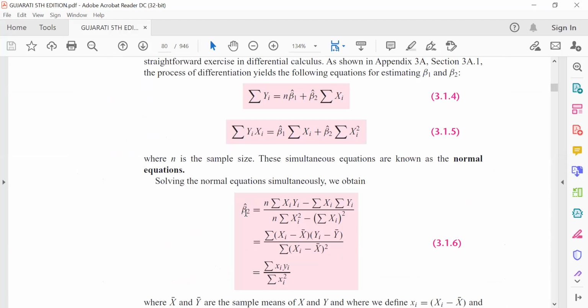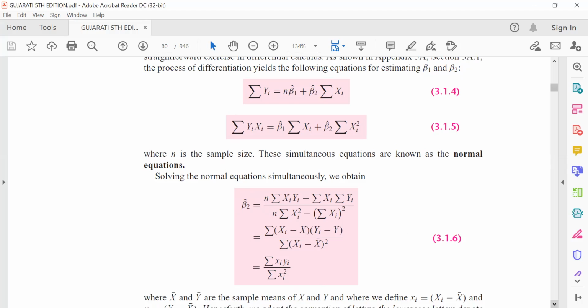This is equation 3.1.6, the formula for obtaining the parameter beta 2. Beta 2 hat is n sigma xy minus sigma x sigma y over n sigma x squared minus (sigma x) squared. This is in the last row of equation 3.1.6.